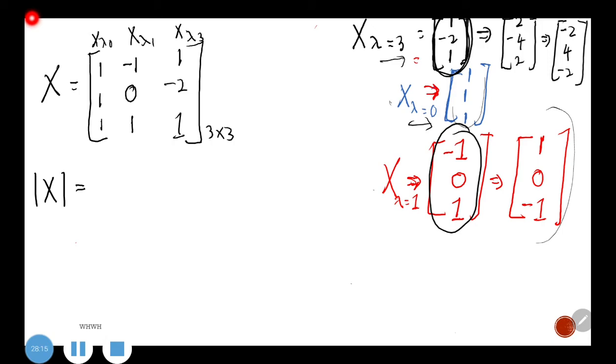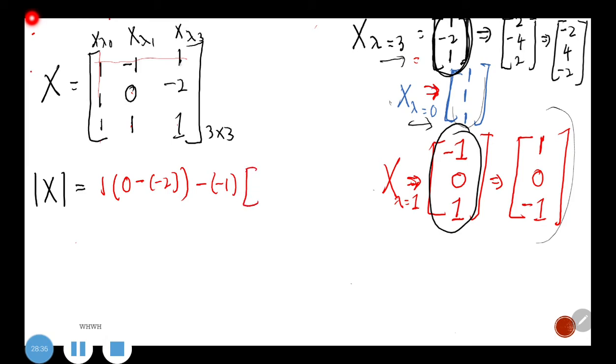Okay, so mula-mula kita tutup yang ni, kita tutup yang ni. So 1 darab dengan kosong darab 1, kosong. Okay, then minus with negative 2, right? Okay, and then minus with minus 1. Jadi positif lah tu. Okay, minus with minus 1.